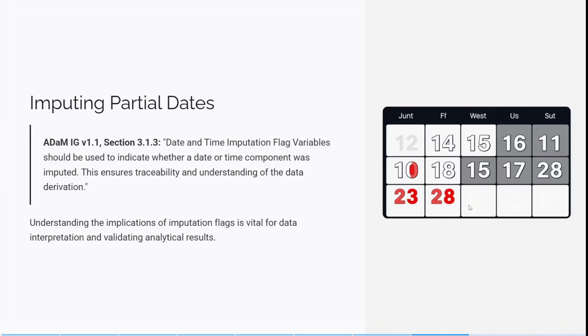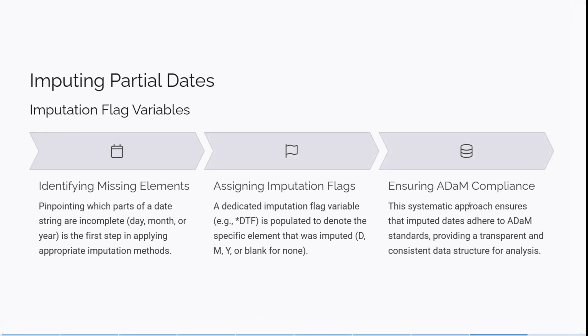Imputing partial dates, imputation flag variables: first, identifying the missing elements, pinpointing which part of the date string is incomplete, either day, month or year. The first step is applying appropriate imputation methods. The next step is assigning the imputation flags. A dedicated imputation flag variable is populated to denote the specific element that was imputed, either day, month or year, or blank for none.